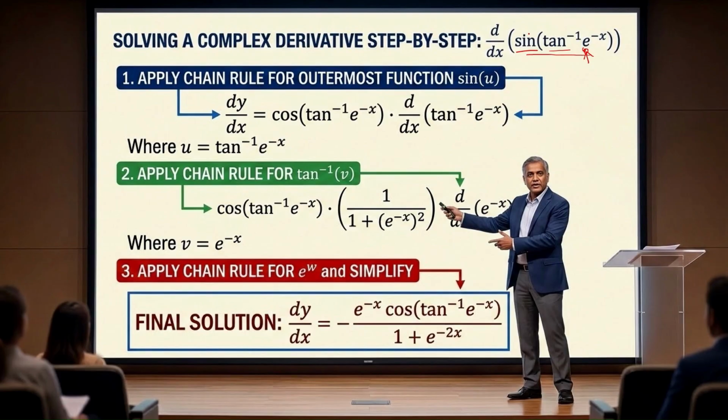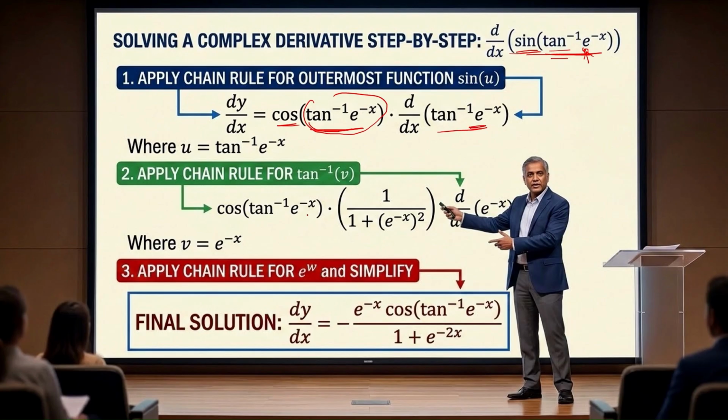Chain rule. First, treat it as sin x. What is the differentiation of sin x? Cos x. Again we have to differentiate tan inverse e power minus x. Treat it as tan inverse x.